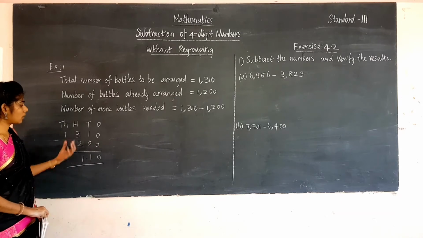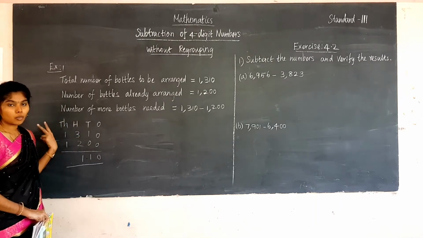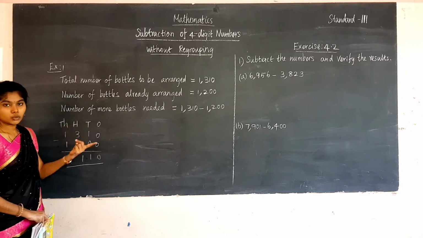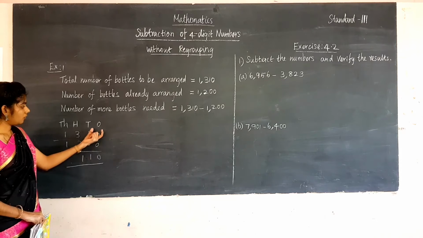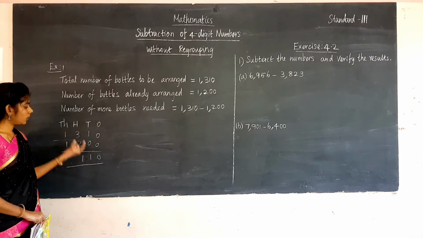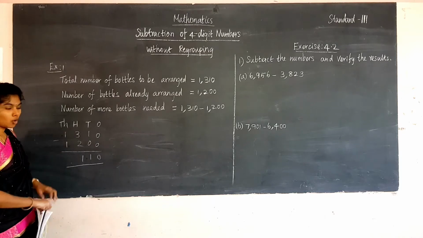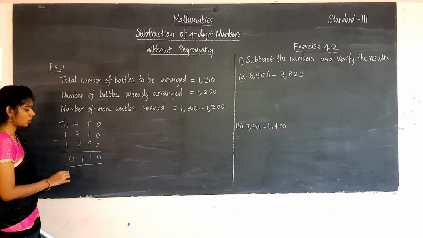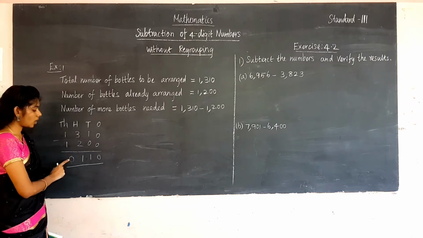So how will you subtract the numbers? Keep 3 in the mind, 2 on the fingers. You will say the number before 3, which is 2, then 1. So you got 1. Mentally you have to subtract the numbers, at first in the ones place, then tens place, then hundreds, and at last in the thousands. Here 1 minus 1 is 0. You should not write 0 in the first place.